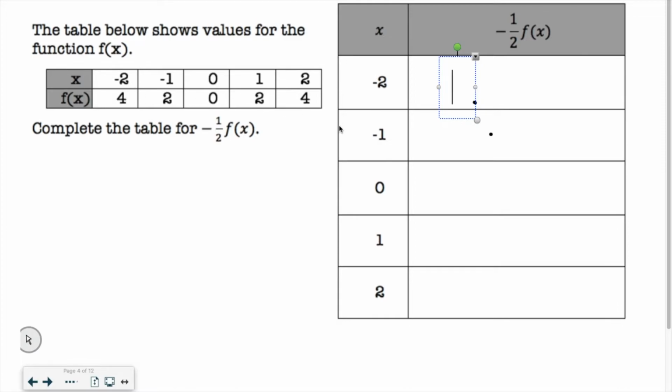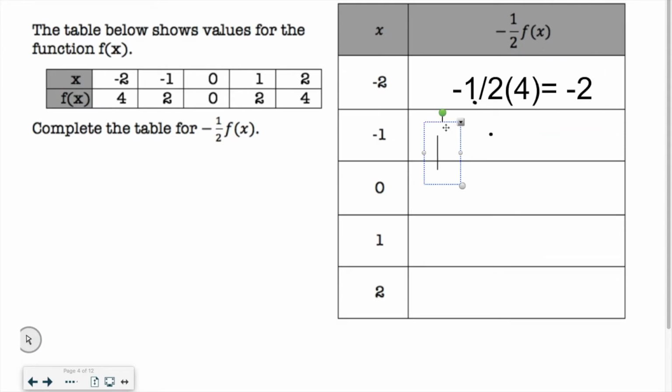Well, in here now we have negative 1/2 times 4 in order to get our y, because that's first. I got my 4 from when x equals negative 2, so I just looked at the table and found out that it was 4. So negative 1/2 times 4 is negative 2. So when x equals negative 2, in the new function, the y value will be negative 2.